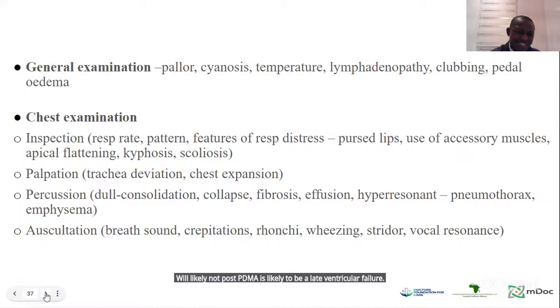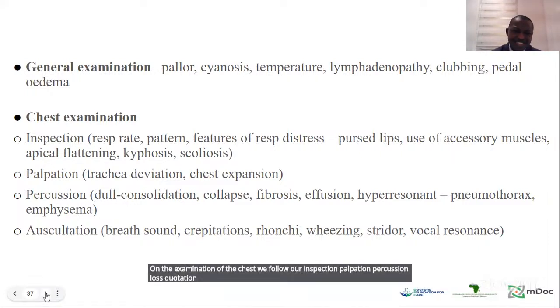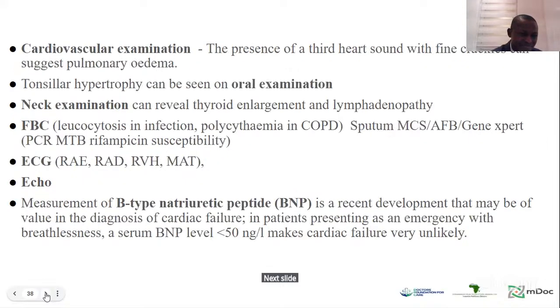And on the examination of the chest, we follow our inspection, palpation, percussion, auscultation. All those can give telltale signs as to what is going on with the patient. Maybe there's consolidation, or there's an effusion, or there's collapse, or there's fibrosis, as the case may be. Next slide, please. And then we examine the cardiovascular system too.